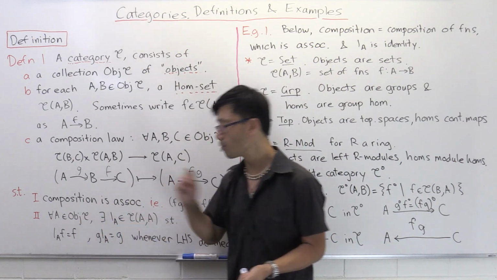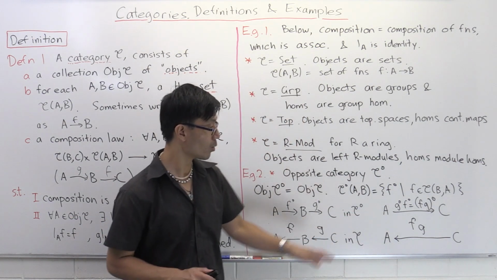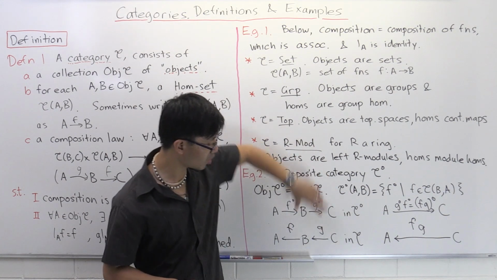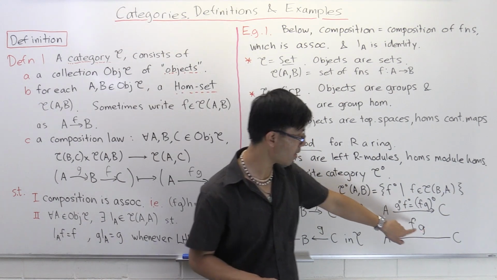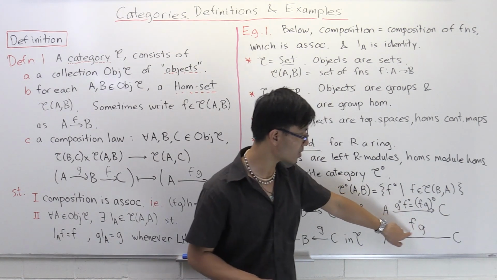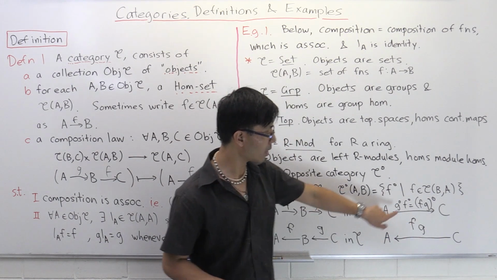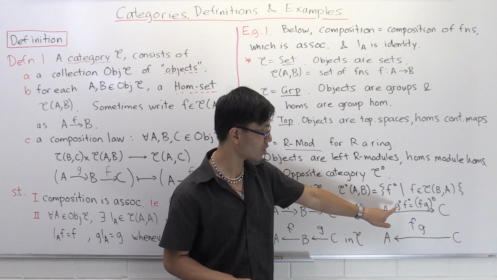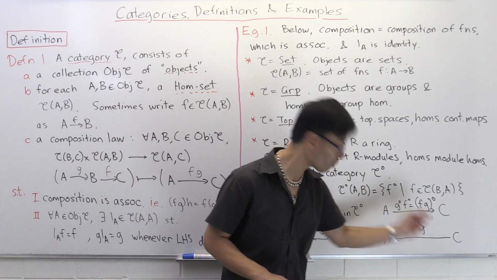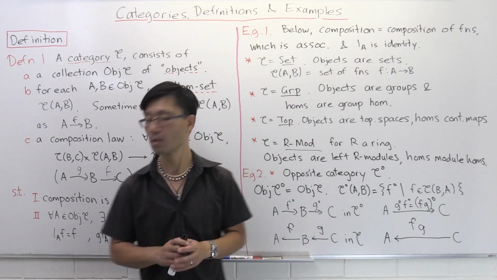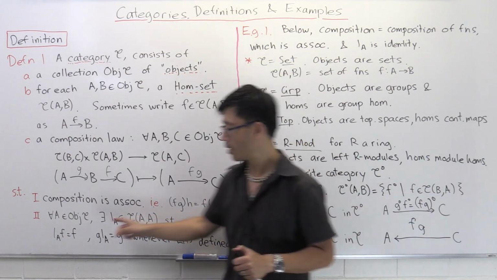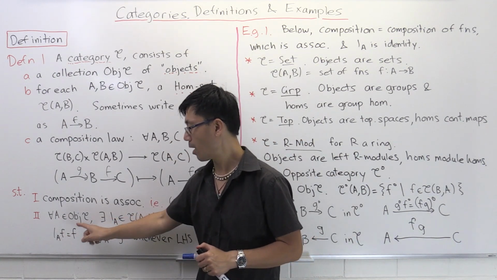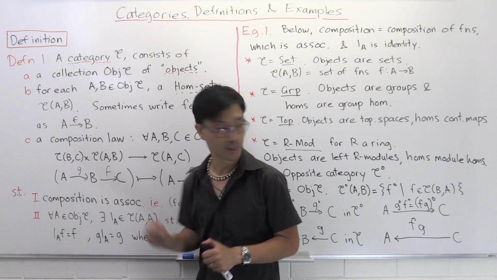So it will satisfy these two, because essentially what have you done? When you pass to the opposite category, what's the big change? When you do the composition here you do G composed F, but here you've twisted them around. So F composed G essentially corresponds to the product in the other direction. So when you look at the op of these things, you basically swap the order in which they come.